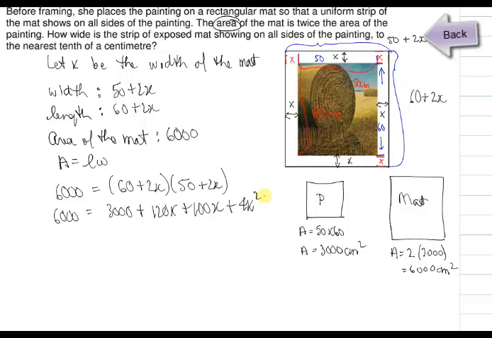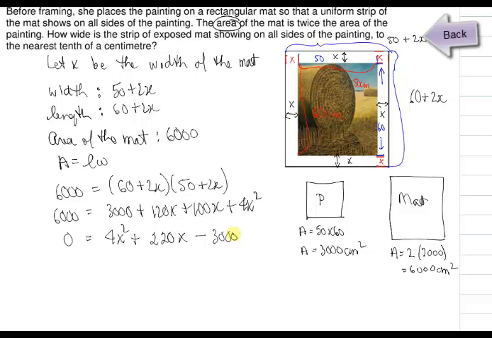Now I'm going to set everything equal to 0 because I want to use my quadratic formula to solve for x, and I need to make sure that my quadratic equation is in standard form. So I'm going to put my 4x squared term first, and then 120 plus 100 is 220x, and then minus, because I'm going to bring this 6,000 over to the right, it becomes negative 3,000 minus 6,000, which is negative 9,000.